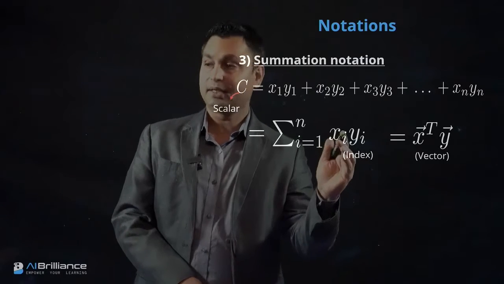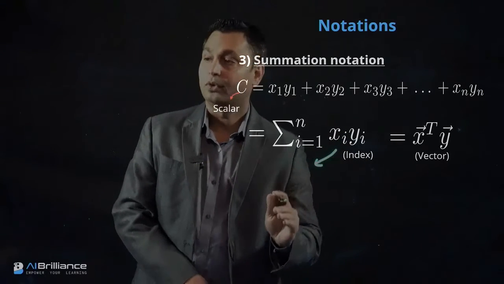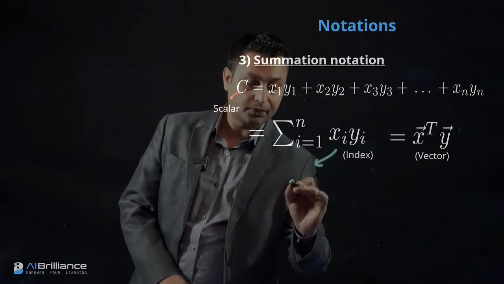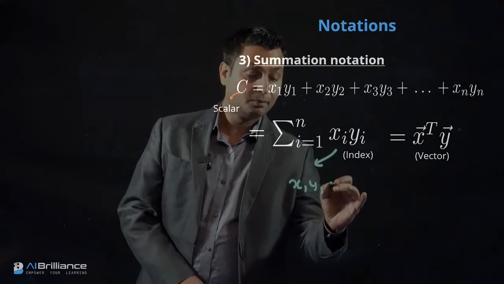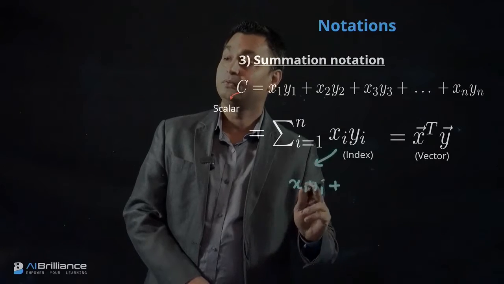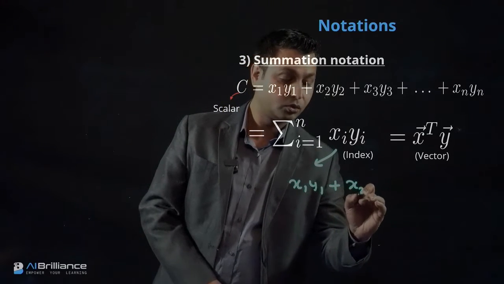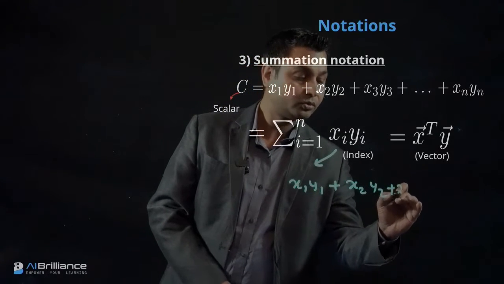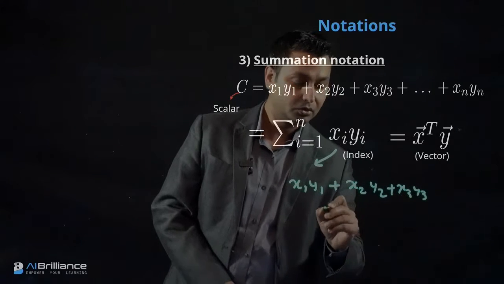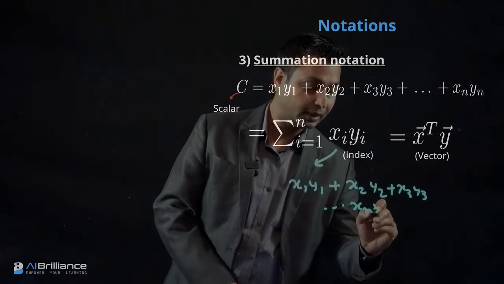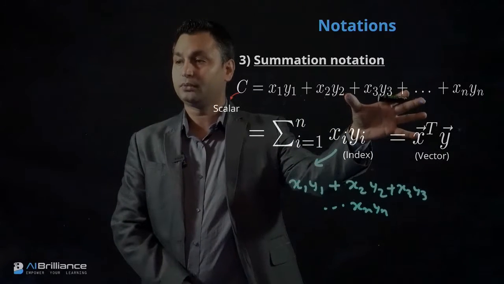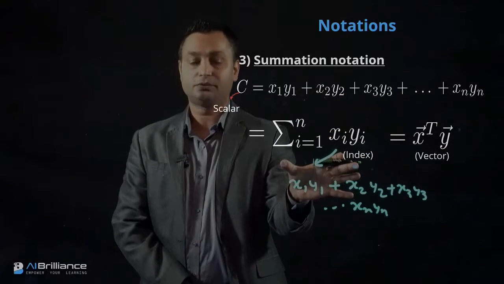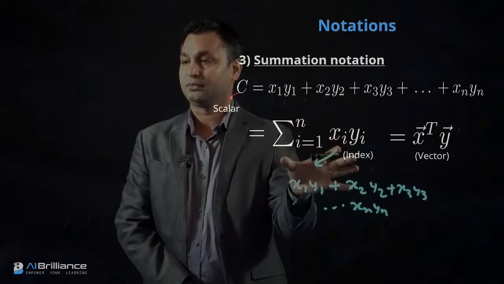If I expand, for i equal to 1, the first component will be x1 y1. Summation means plus. When i goes to 2, this means x2 y2, i goes to 3, this is x3 y3, and so on till xn yn. So you can write this whole equation in an abbreviated form using the summation notation.